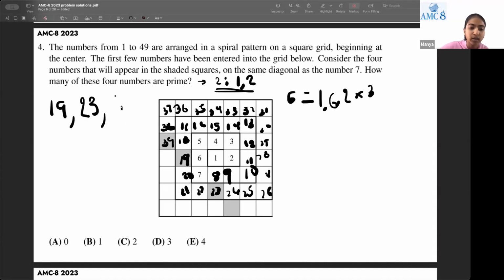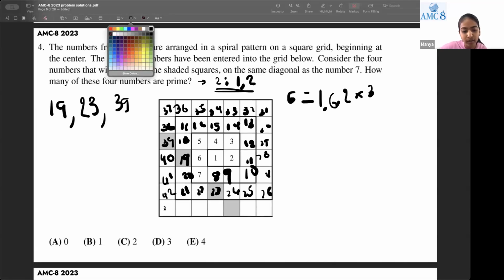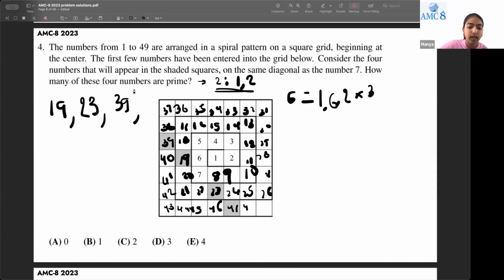So I'll write 39 here as well. Then we continue with 40, 41, 42, 43, 44, 45. So 45 goes there. 46 and 47. I'll write 47 here as well. 47, 48, and 49. And we completed the square.